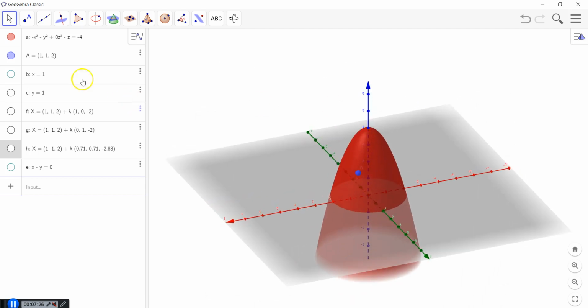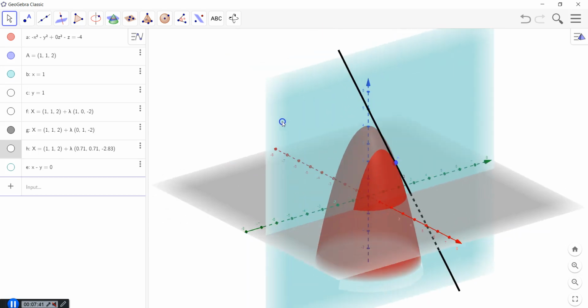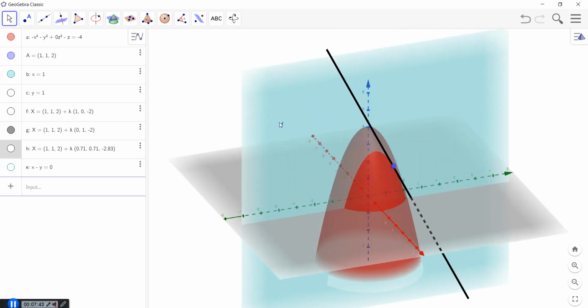So again, just as a reminder, if you were to hold x constant, that is to say enable this plane that I have labeled as B, and then if you enable G, that is the line that is tangent to the surface when x is constant, so that's as y changes. And that's just a tangent line created using the partial derivative with respect to y.